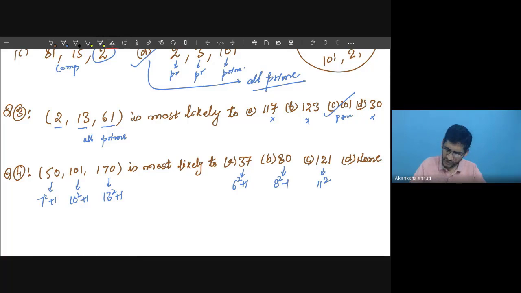So what we are observing here is that only the first one follows the same relation, but the second and third do not. The relation is n square plus 1. This is the relation and it is followed in the first number. So this was the question based on our third or fourth category, where we have to search for a different pair or different kind of number.